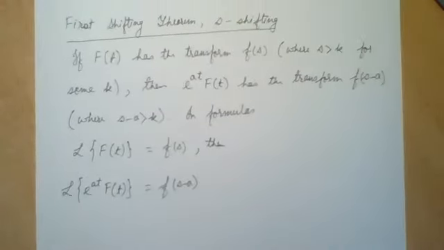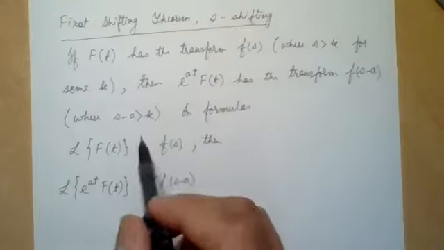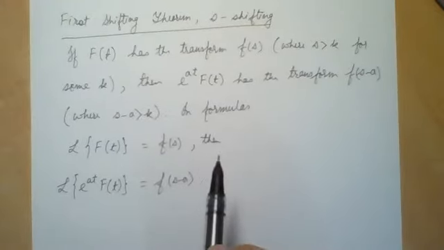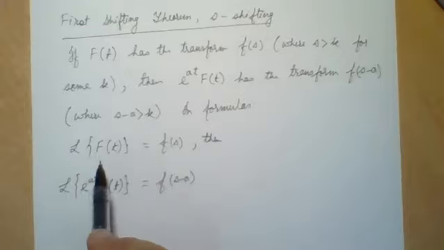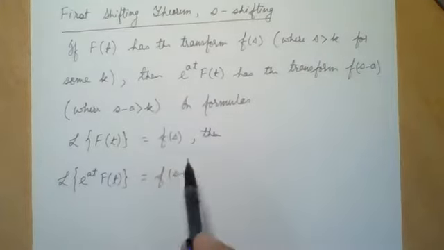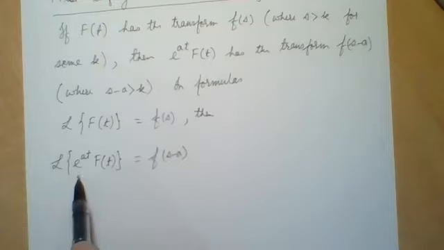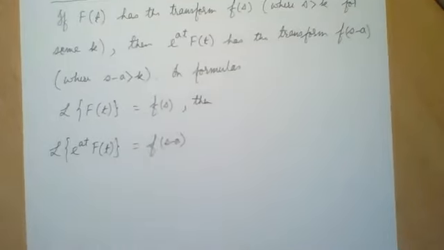This is called the s-shifting theorem. So if the Laplace transform of capital F is small f of s, then the Laplace transform of e to the power at F is f of s minus a.